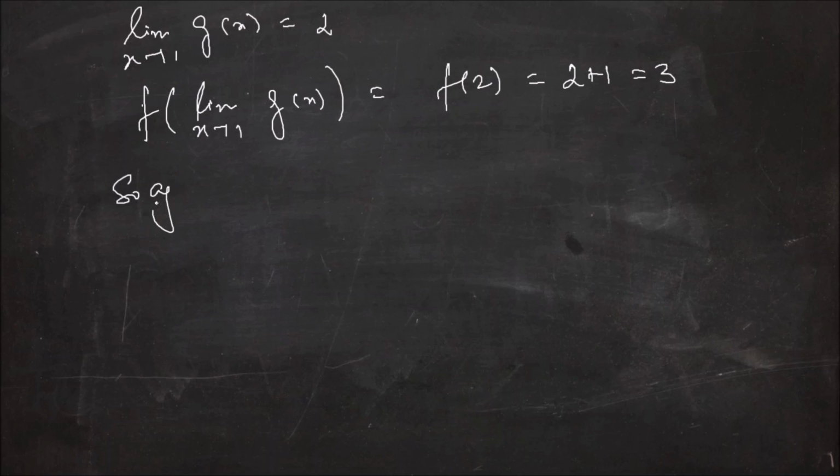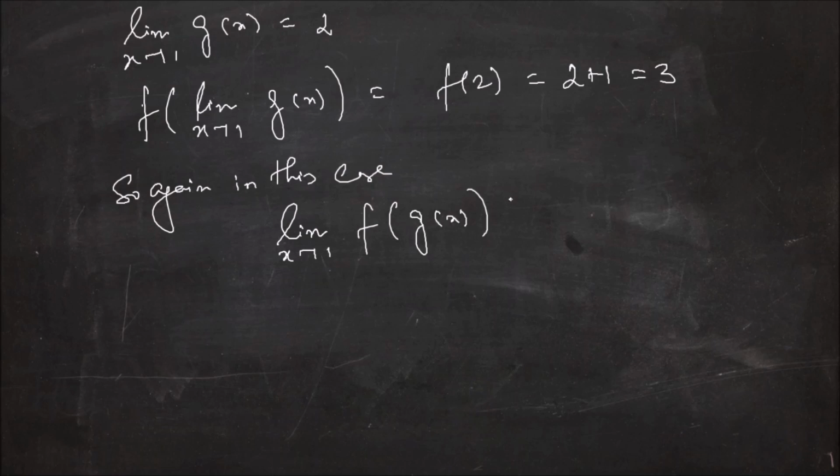So again in this case, the limit as x tends to 1 of f(g(x)) is equal to f of the limit as x tends to 1 of g(x). So this completes our question number 13.